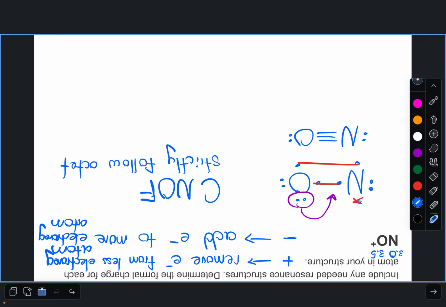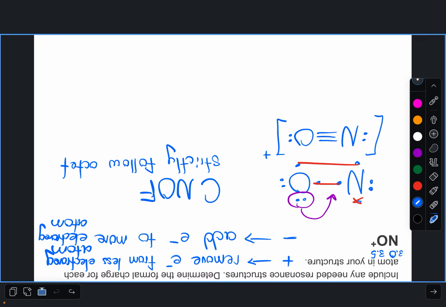When you have a charge, you are supposed to indicate that in the drawing. So you put brackets around it and put the charge on the outside, just like we did when they were ions. The thing you'll notice here that we did break is the guideline that nitrogen has 3 and oxygen has 2 bonds.